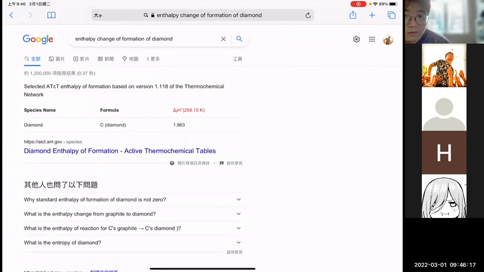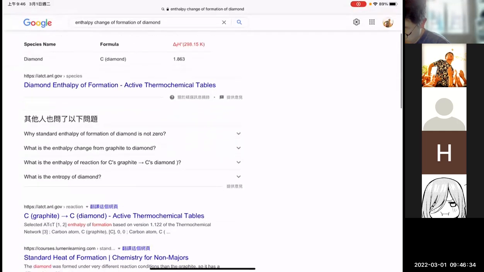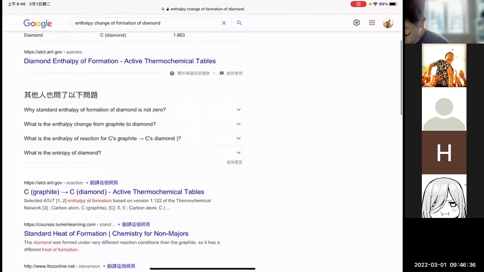1.863, right? With the delta of formation, which means that we are bringing the enthalpy level from graphite to diamond to a higher level. How about graphite?